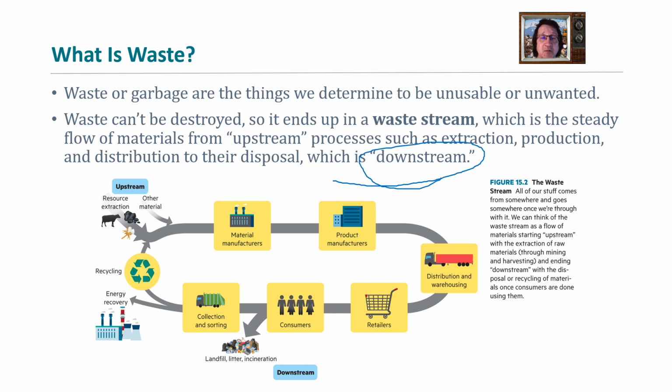And we hear these terms called upstream and downstream, which is part of the waste stream, or part of the product life cycle. But upstream just basically means what goes into planning and manufacturing that product and looking at how it will be used, its safety, and other things. Downstream actually means once you get it into the hands of the consumer, and how do you get it there, and then what happens to it when the consumer is done with it.